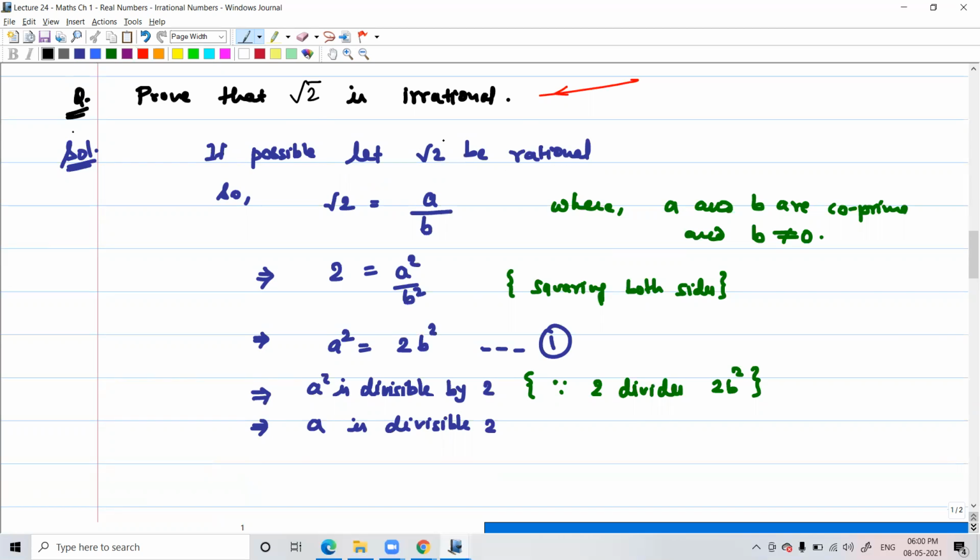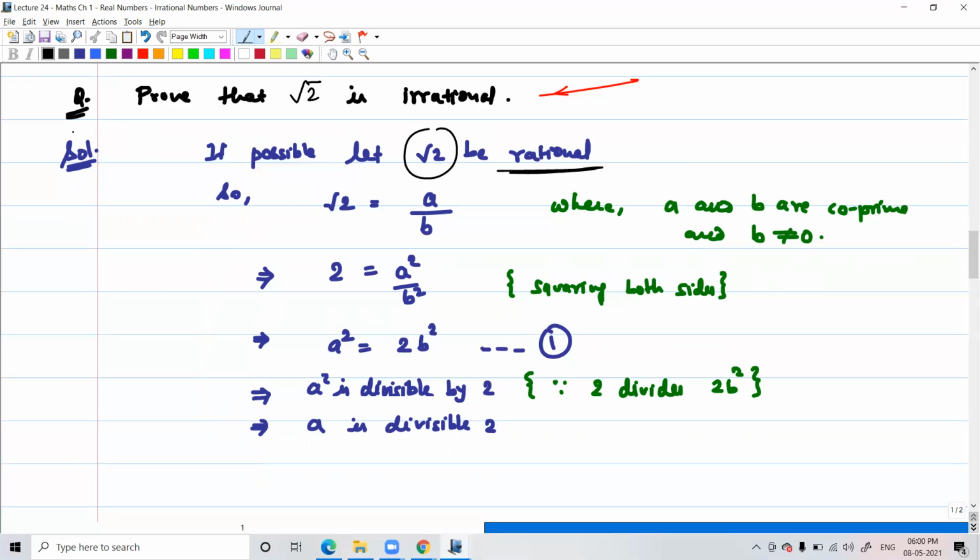If we make this wrong assumption and then do some mathematical calculations on it, then because our assumption was wrong, whatever we do will lead to some conclusion which is not possible.